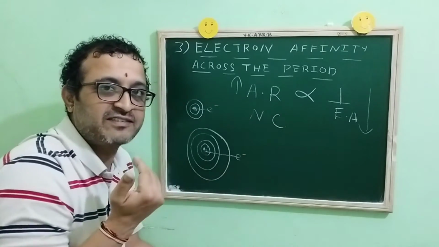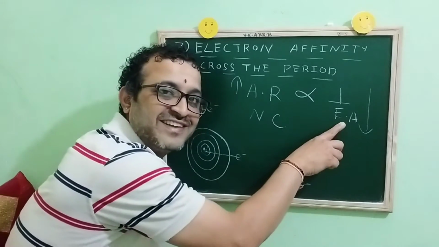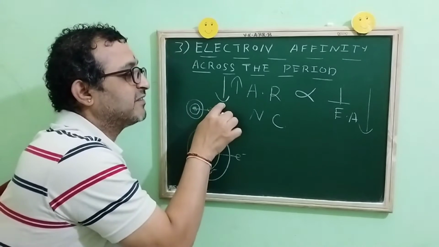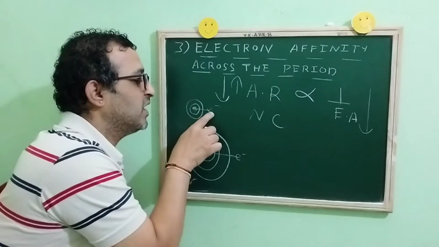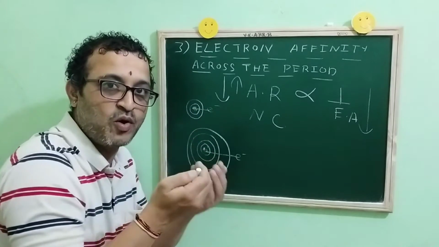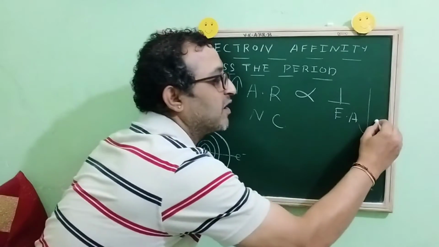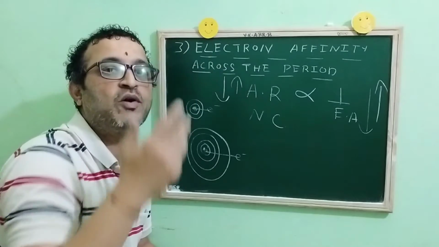So, it will not accept the electron readily, then it will release less energy. That is, electron affinity is less. As the atomic radius decreases, the force of attraction between the nucleus and the electron is what? More. So, it will accept the electron more readily and it will release more energy. That is, electron affinity is more, right?